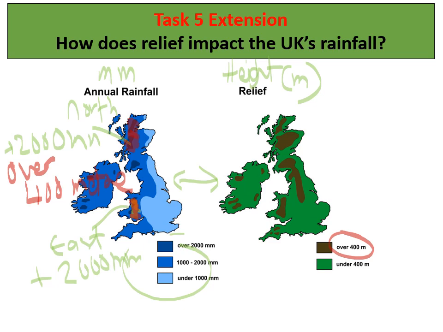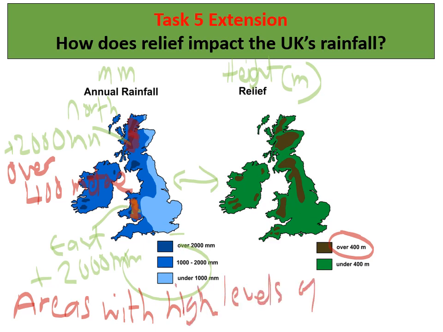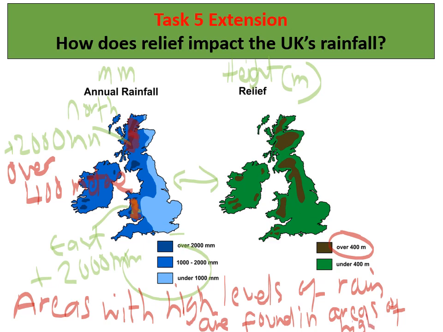And then you do the same thing again for looking at the areas that have the lowest rainfall and also the relief. So if we compare this together, it's very obvious that areas with high levels of rain are mostly found in areas of high relief.